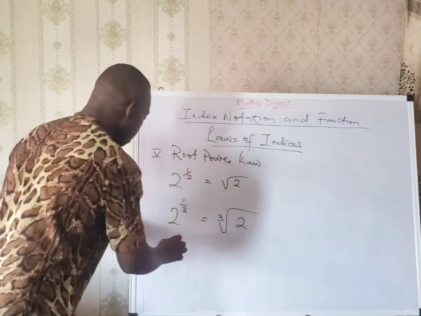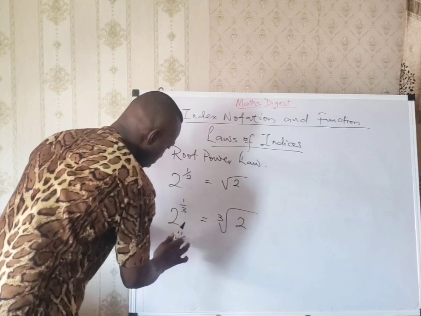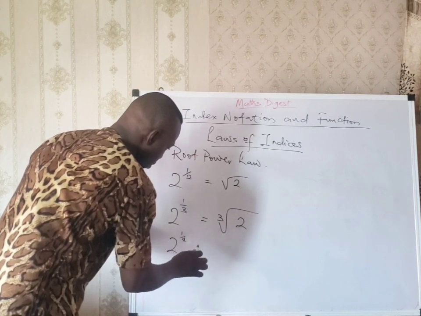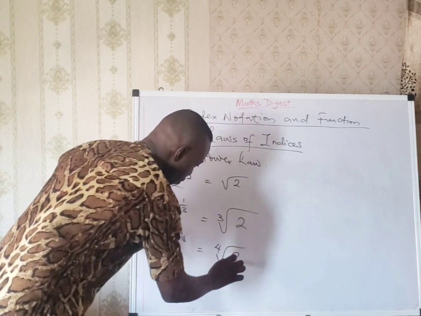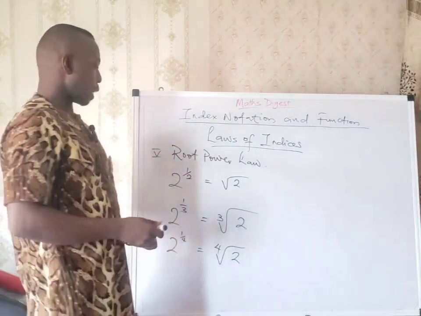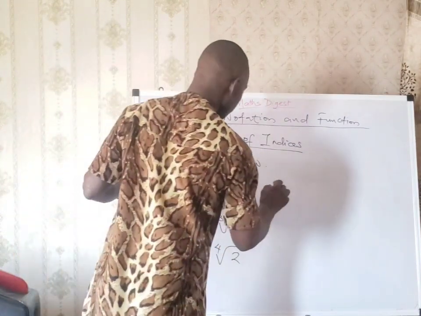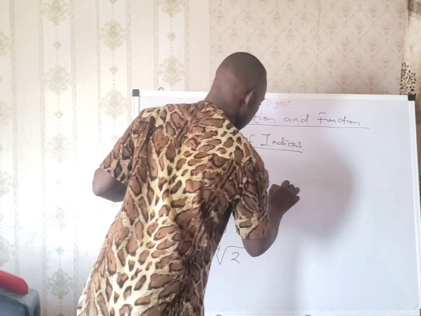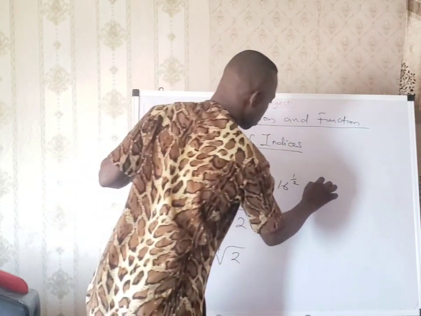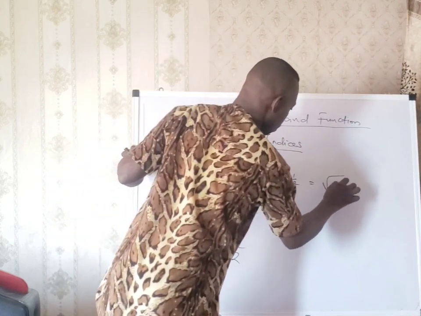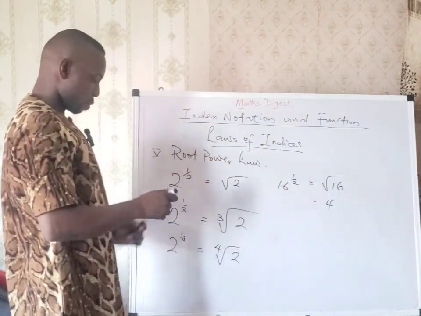And if you also have it maybe for 4th root, and so many of them, you simply have what? 4th root of 2, okay. I'm not saying it must be a 2. For instance, if you have maybe 16 raised to power 1/2, this can give you what? Equal to root 16, and this is simply 4, okay.